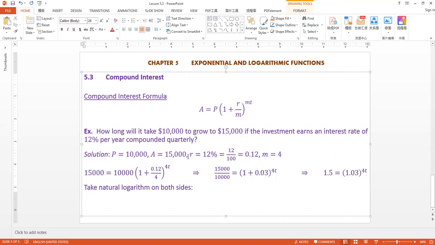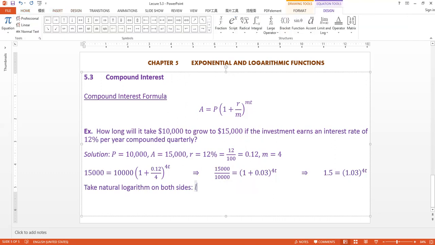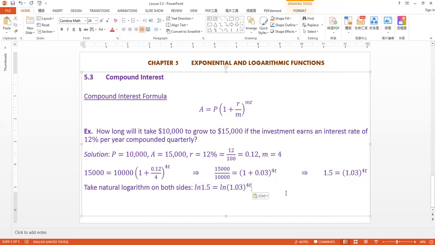So we got ln 1.5 on the left hand side, equals ln of 1.03 to the 4T.